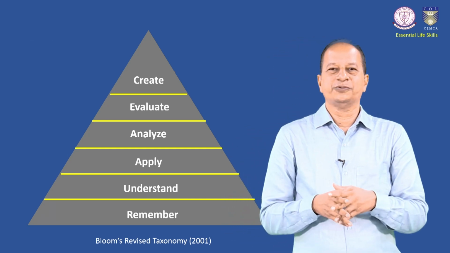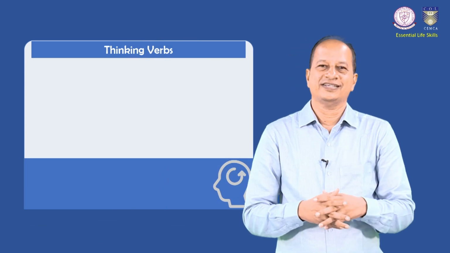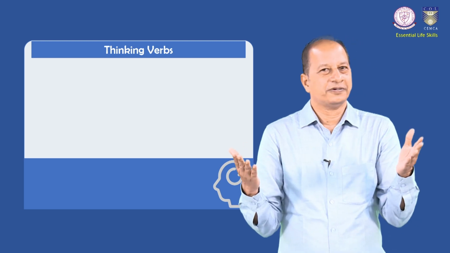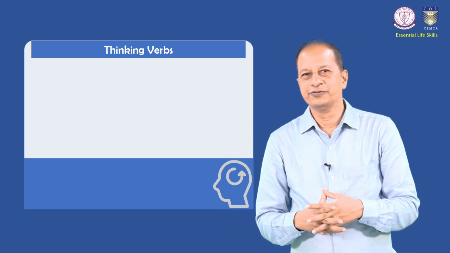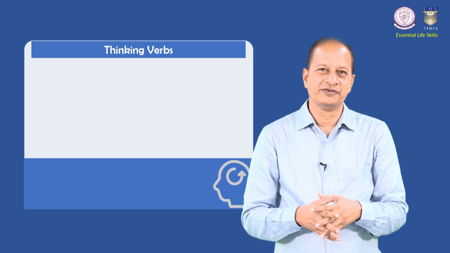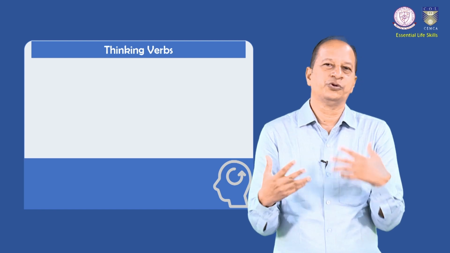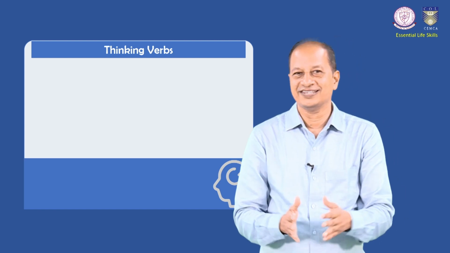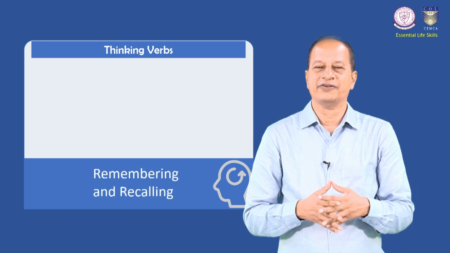That brings us to a very interesting aspect of it, especially the thinking approaches. There are a few thinking verbs that we need to be quite familiar with if we have to test how well we are doing as thinkers or good thinkers. The first type is remembering and recalling.